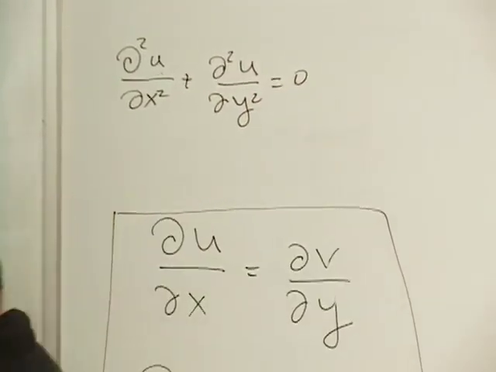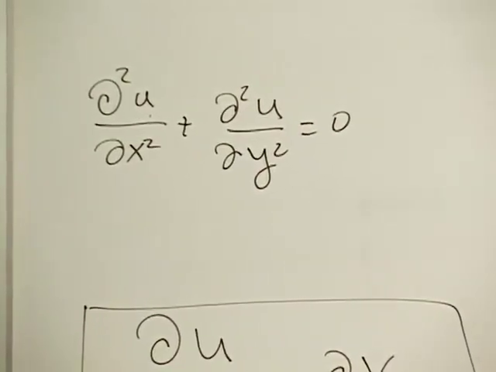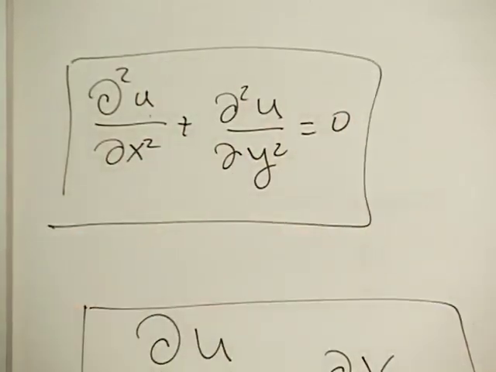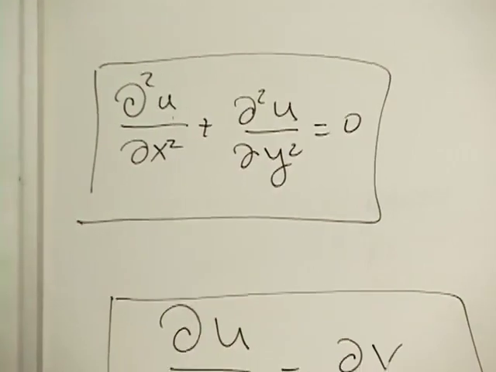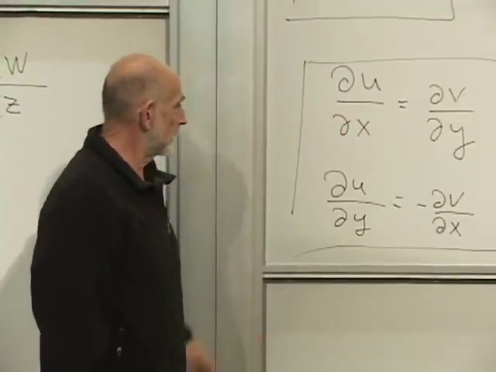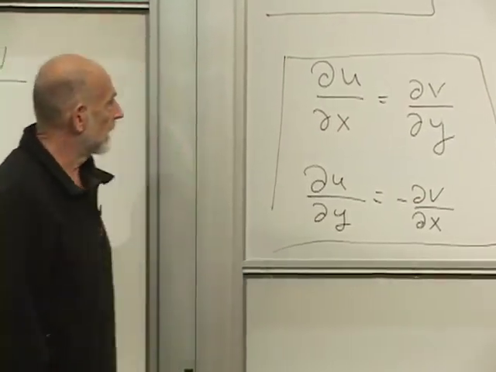Well, that's a familiar equation. That's just Laplace's equation in two dimensions. Something looks a little like your curl equation, too. It does. It's sort of curl free, the derivative is curl free in some sense.